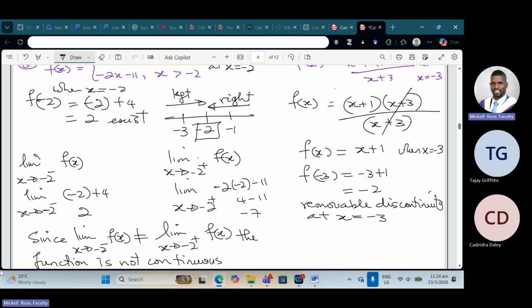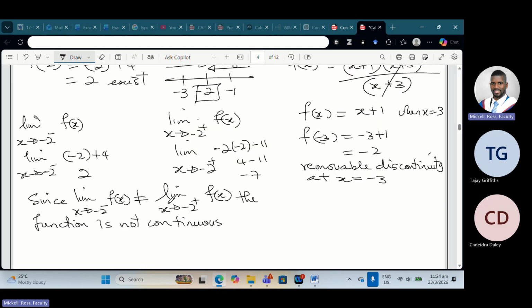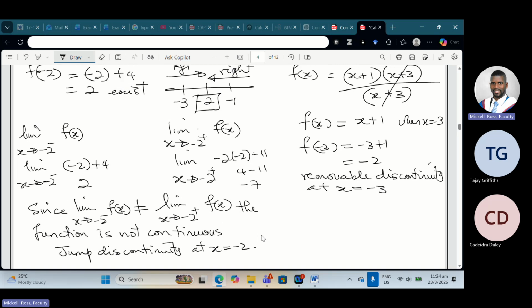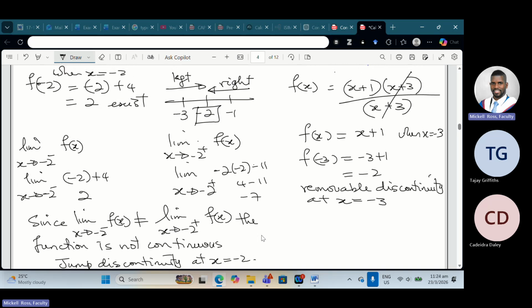So what you have here is called a jump discontinuity at x equal to negative 2, because when x is equal to negative 2, you're going to get two different values: one at 2 and one at negative 7.